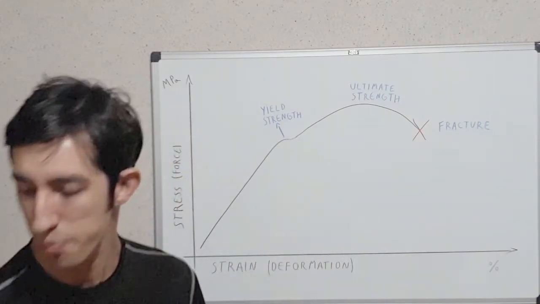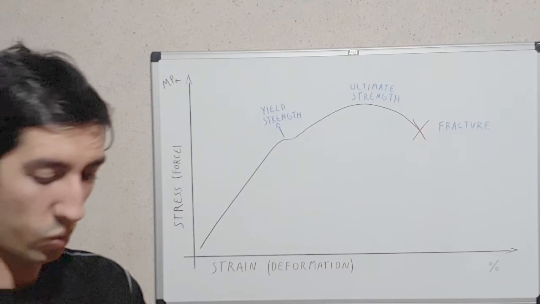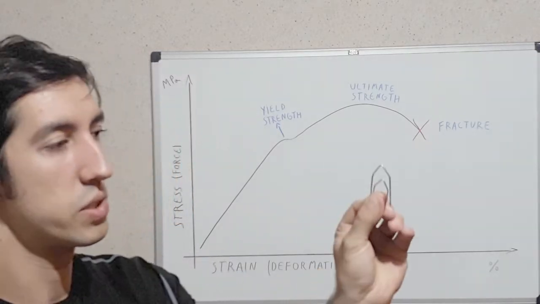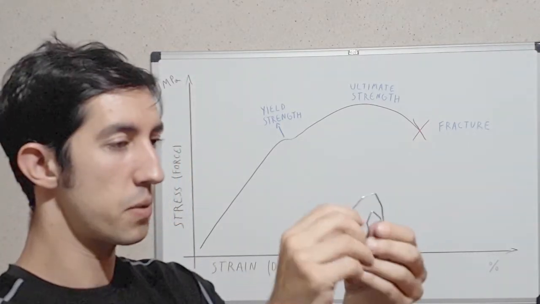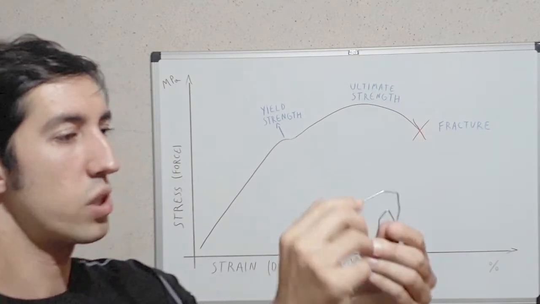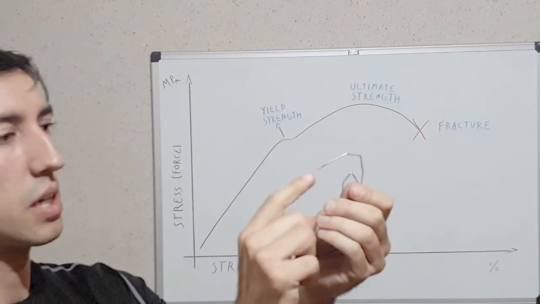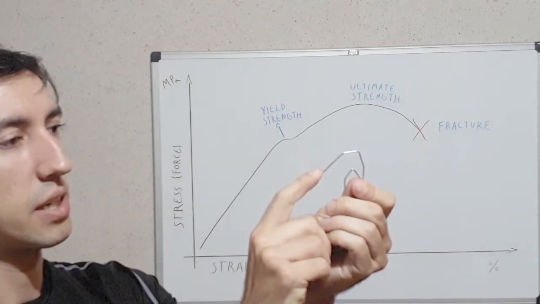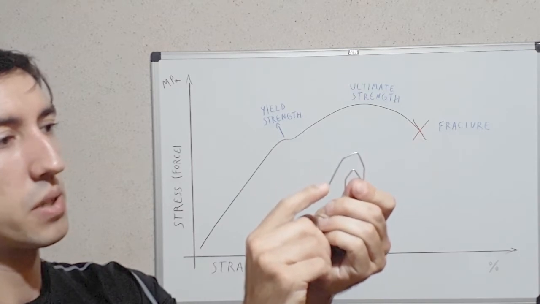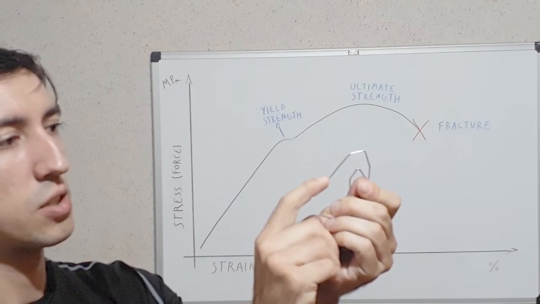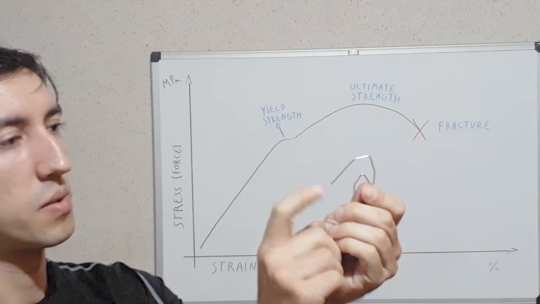I have here a paper clip, which is a normal paper clip. If we bend this paper clip like this, you can see that the clip returns to its original shape.